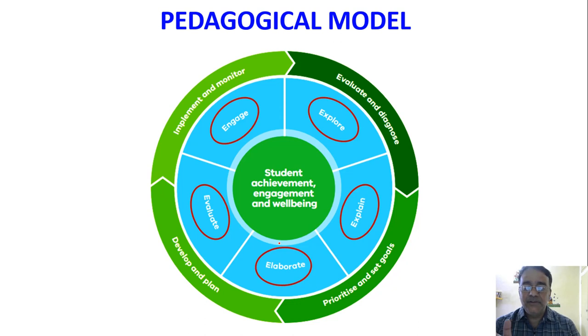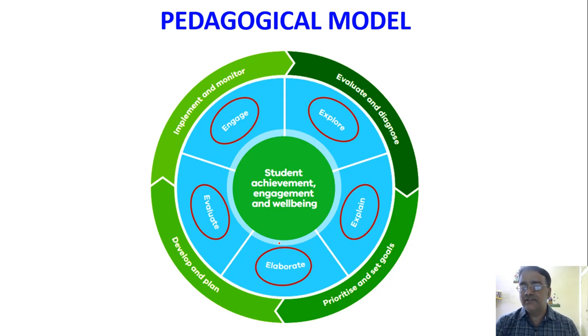Teachers use multiple forms of assessment and feedback to help students improve their learning and develop agency. They monitor student progress and analyze data to draw conclusions about the effectiveness of their teaching practices, identify areas for improvement, and address students' individual needs. So these are the 5 domains of the pedagogical model.